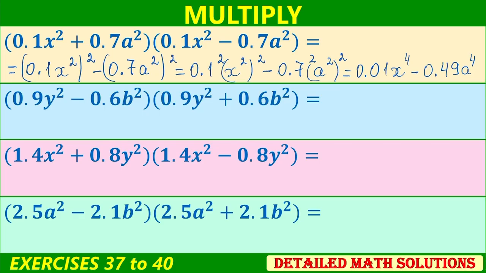Next exercise. Multiply (0.9y squared minus 0.6b squared) and (0.9y squared plus 0.6b squared).